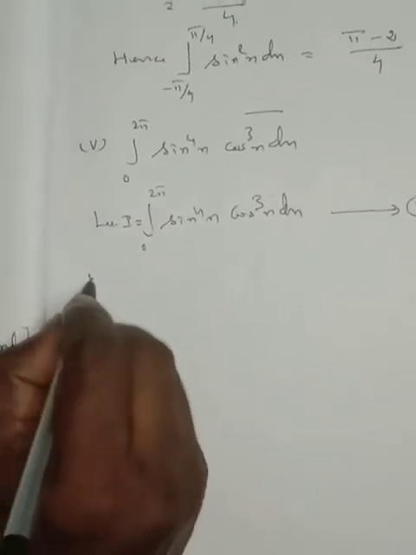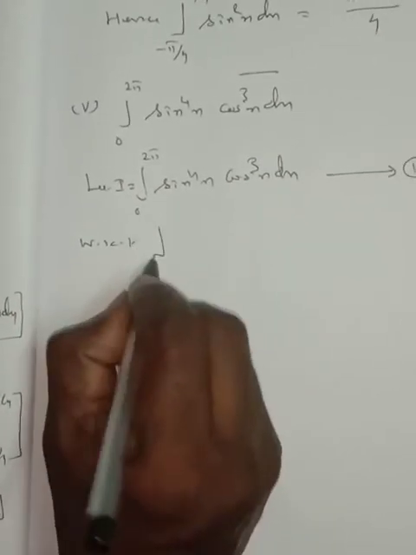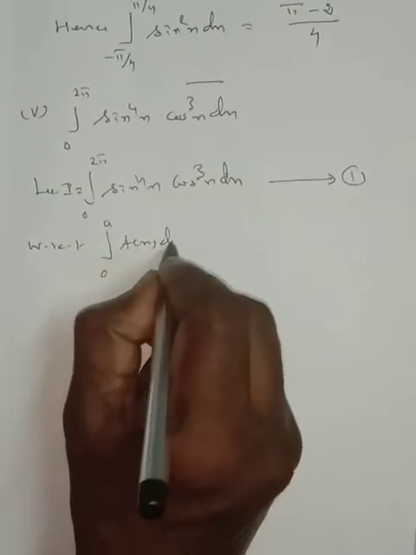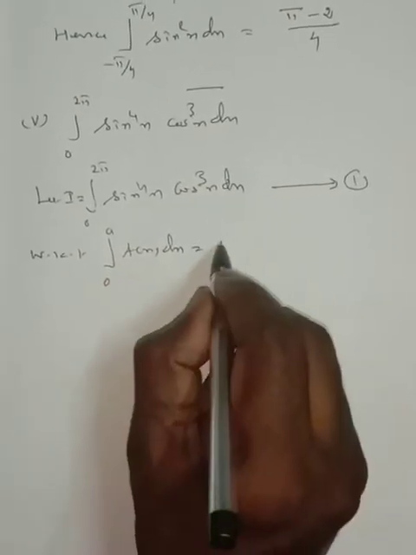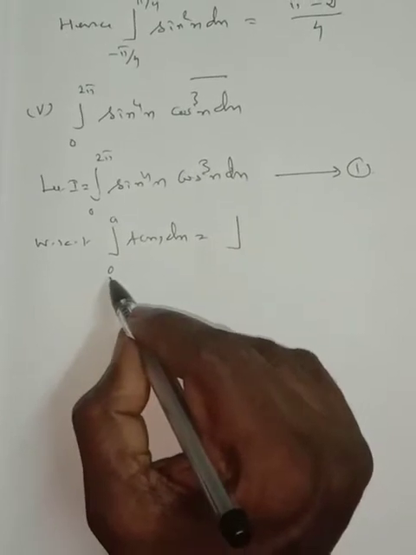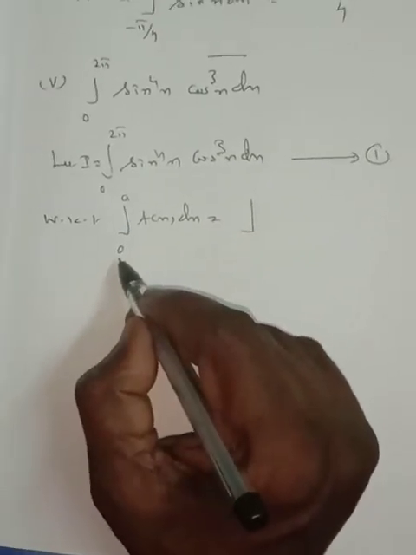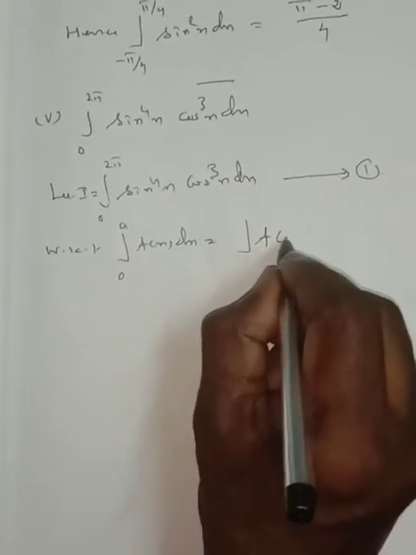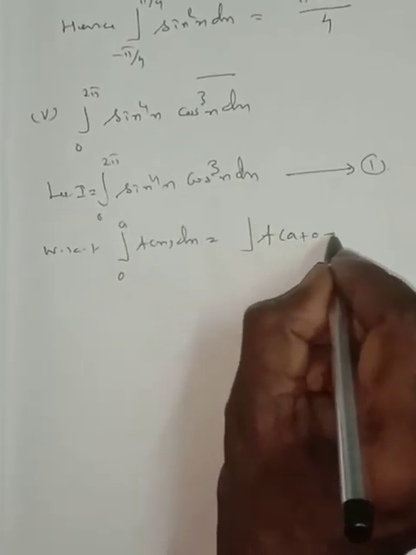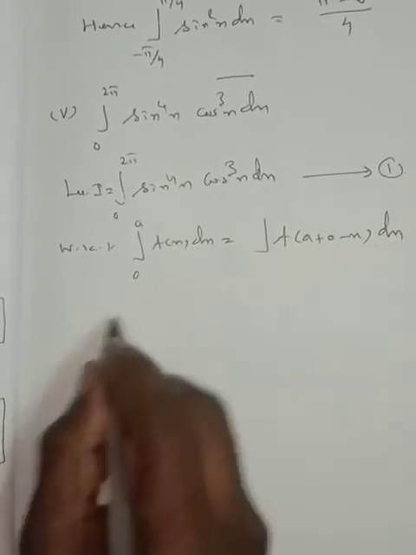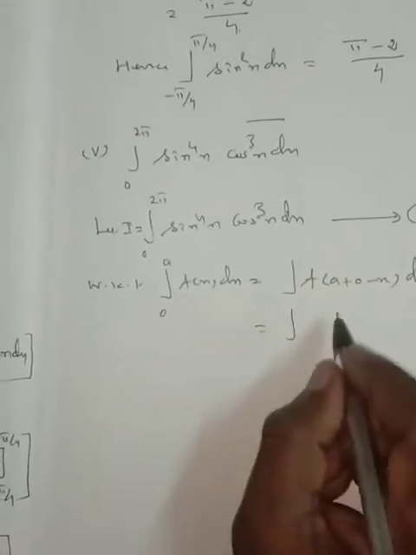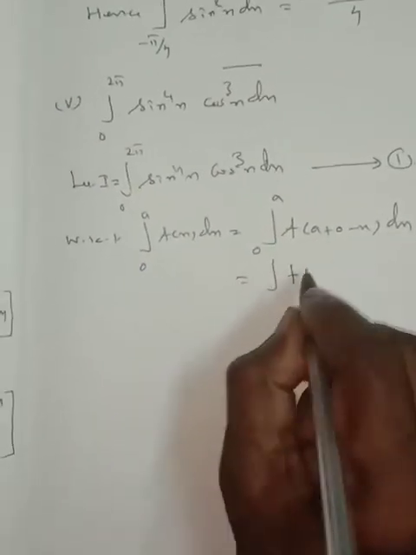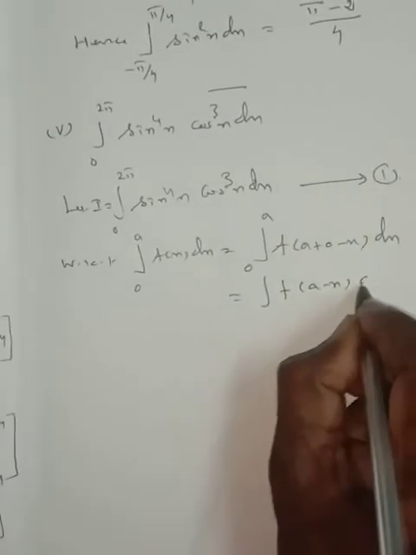Next, we know one more formula: integral 0 to a f of x dx, by the property of adding upper limit and lower limit and subtracting from the function value x, so f of a plus 0 minus x into dx is equal to integral 0 to a f of a minus x into dx.